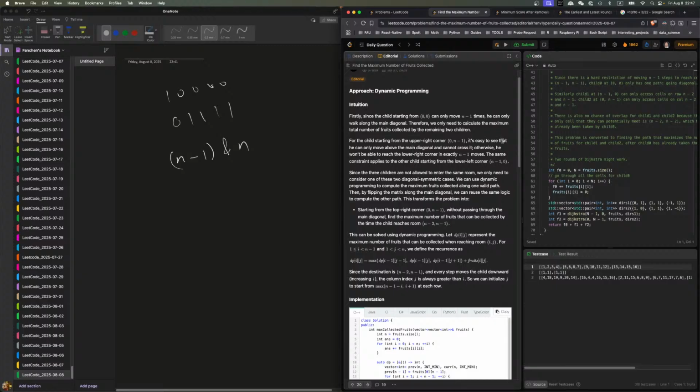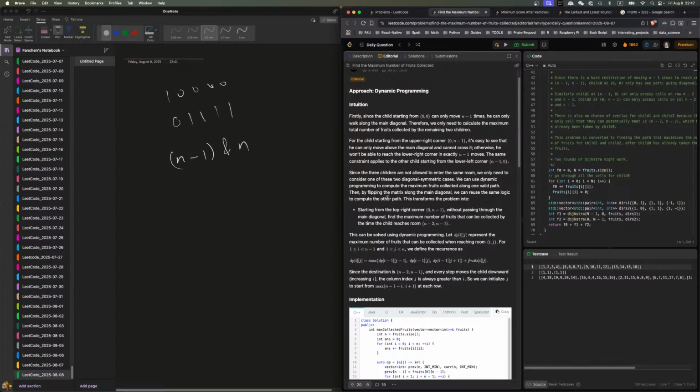Upper right corner, see that he can only move above the main diagonal and cannot cross it. Otherwise, he won't be able to reach the lower right corner. Yes. The same constraint applies to the one on the lower left. Since the 3 children are not allowed to enter the same room, we only need to consider one of these 2 diagonal symmetry cases.